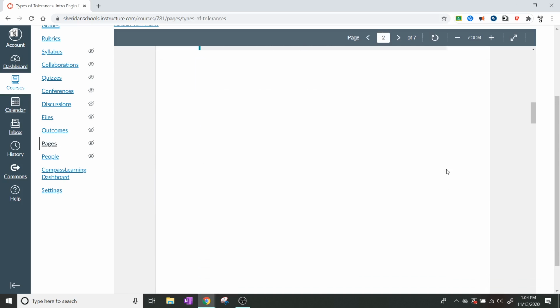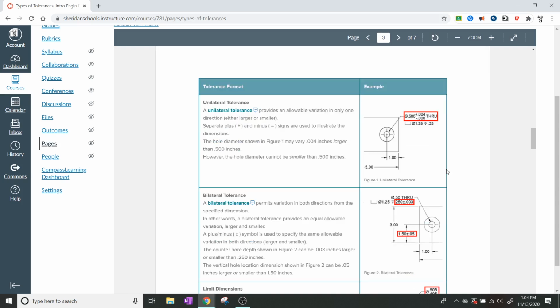So tight tolerance means that the amount of decimals that you have for it is a very, very minuscule number. There are a couple of different tolerance formats that we have to learn, and one of them is a unilateral tolerance. A unilateral tolerance means that one of the numbers is not allowed to go past that limit, but the other number can go up a certain amount.